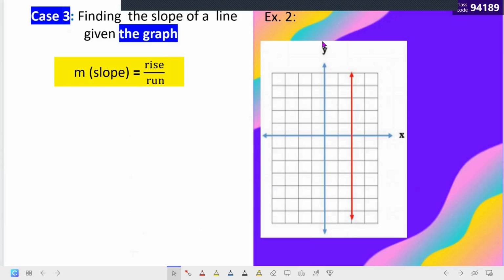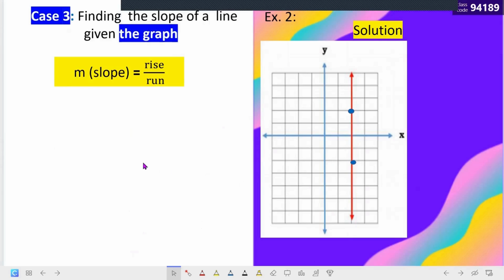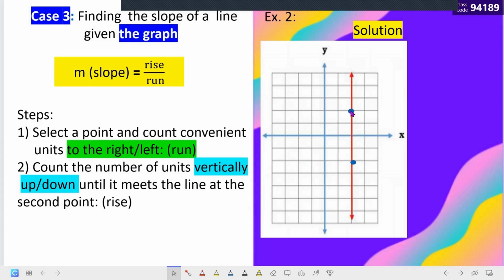Well, let's find out here under our solution. Select 2 points once again. Then we will count the units along the run. Along the run, where shall we start? Maybe we'll start from here. O dito tayo mag-start. If I move to the right, I don't have a way to go to the second point. If I move to the left, there's no way for me to go to the second point.